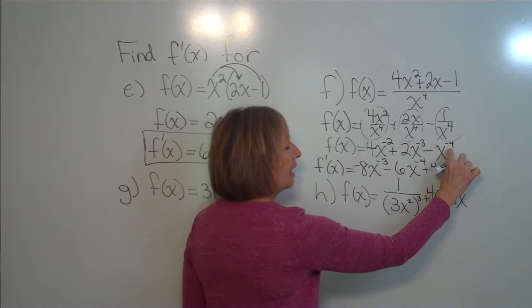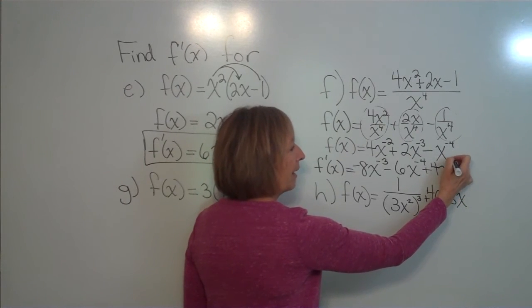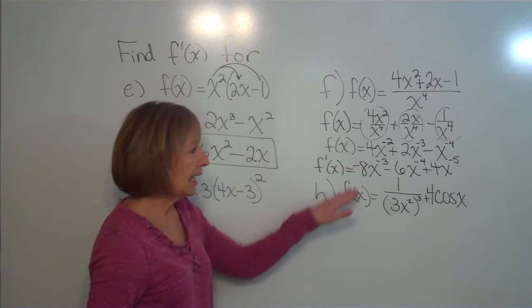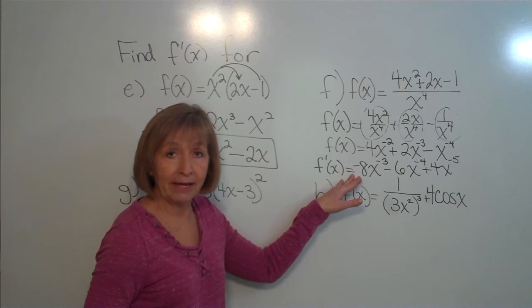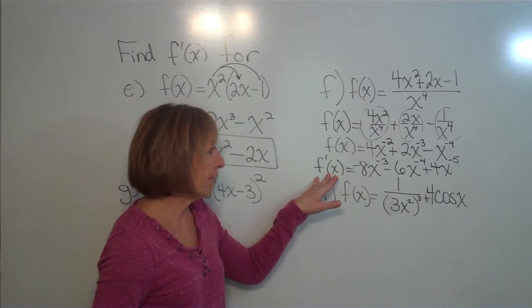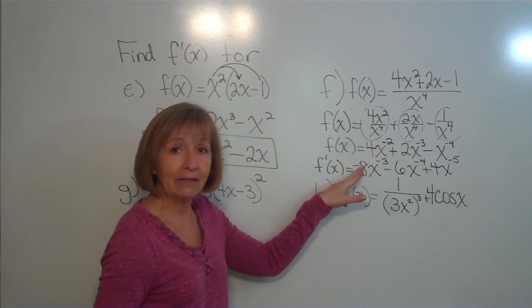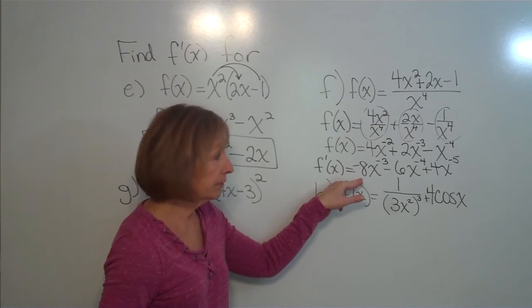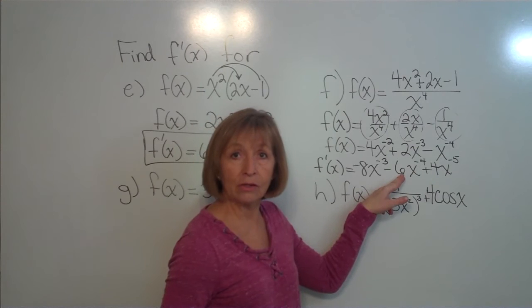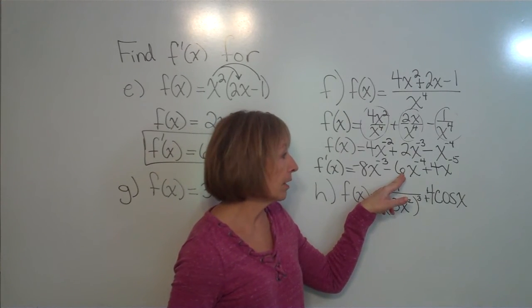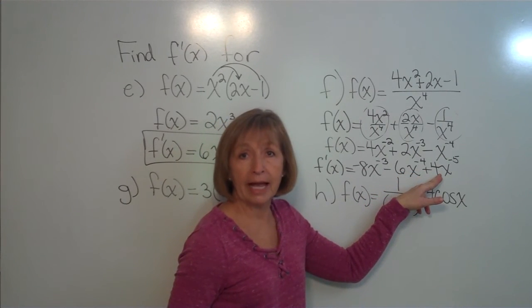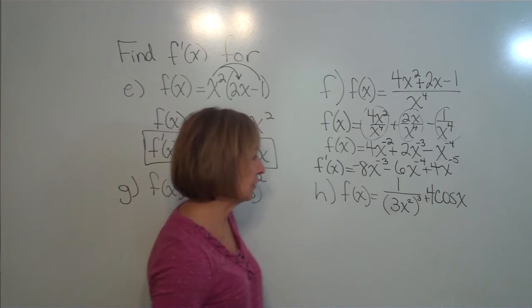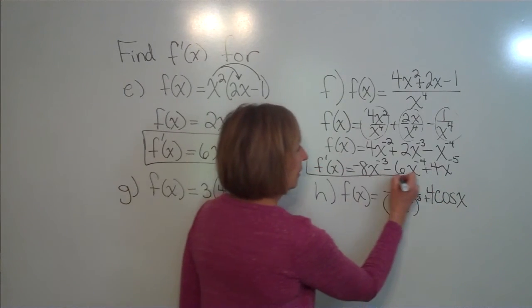X to the negative 4 minus 1 is negative 5 power. And then certainly you could rewrite it in a final form of f prime of x equals negative 8 over x to the 3rd minus 6 over x to the 4th plus 4 over x to the 5th, if you would like to do that in your final form.